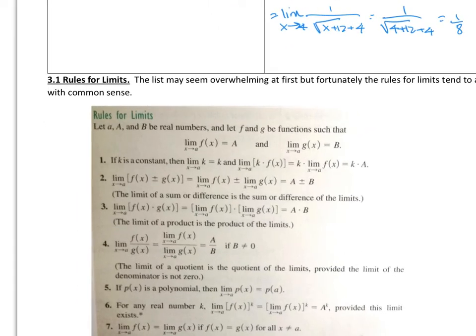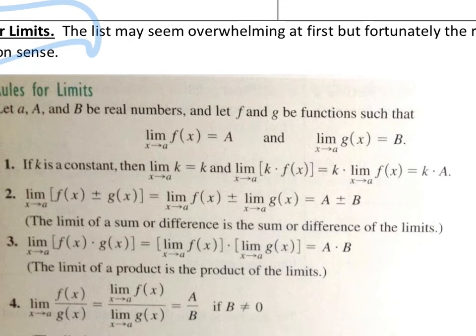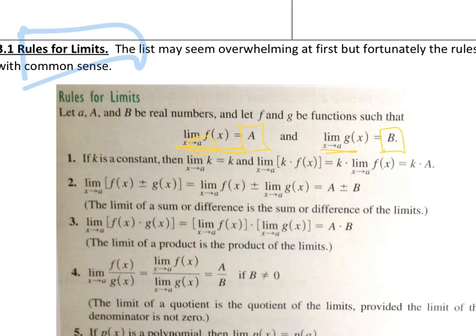Let's just look at a few of these rules that might apply at various times when we are calculating limits. So initially, we're just going to say we have a function that is approaching a, so our output we're just going to say is a capital A. We have the other function as it is approaching a, and we're going to just say that's a capital B. So for the very first one, it talks about if we have a constant.